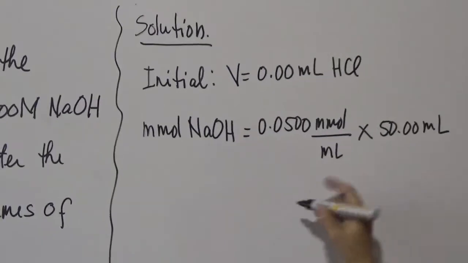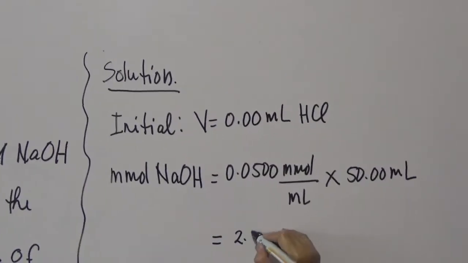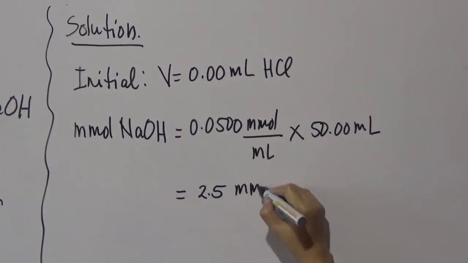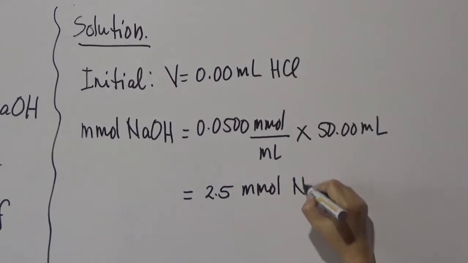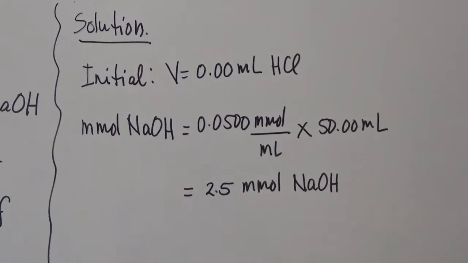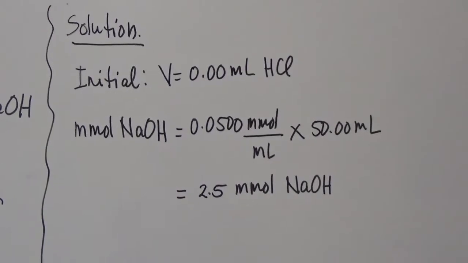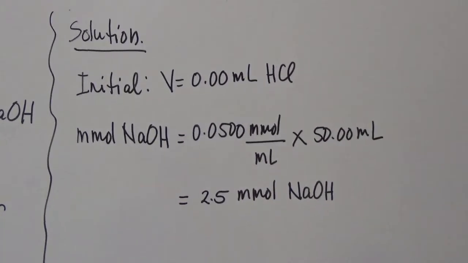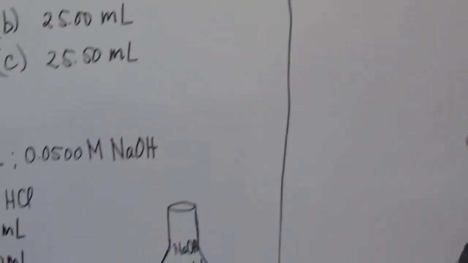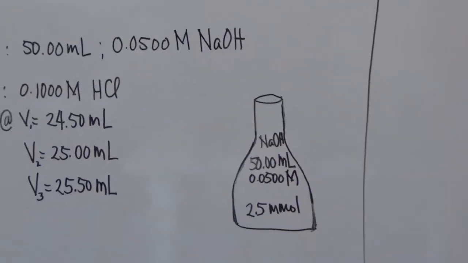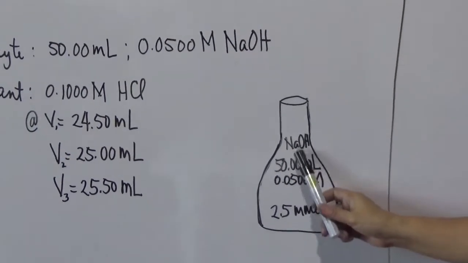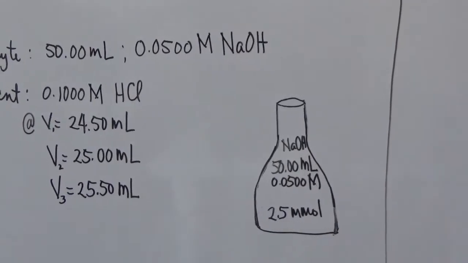By computation, this will be equal to 2.5 millimole of sodium hydroxide. So meaning, initially, no hydrochloric acid yet is added into the analyte, so the amount of sodium hydroxide in terms of millimole is 2.5.